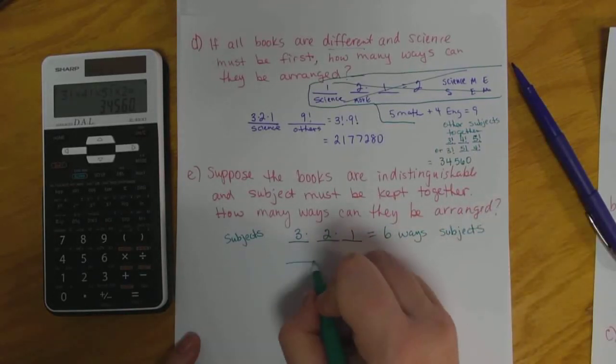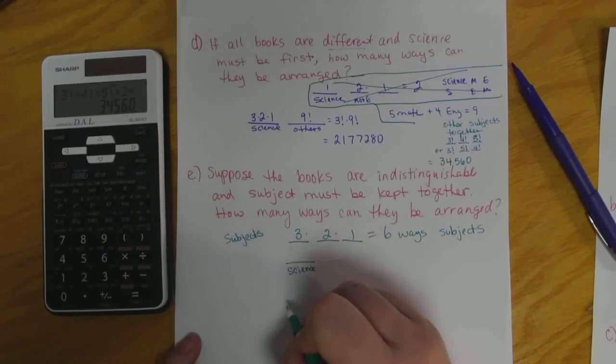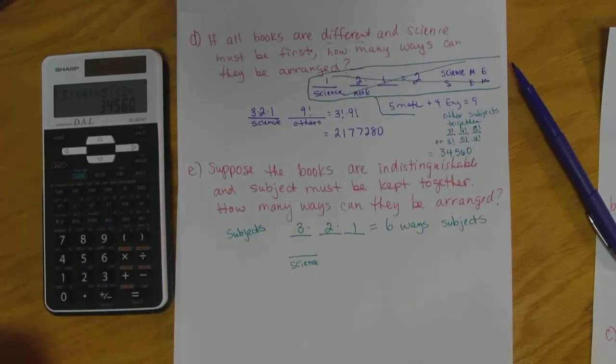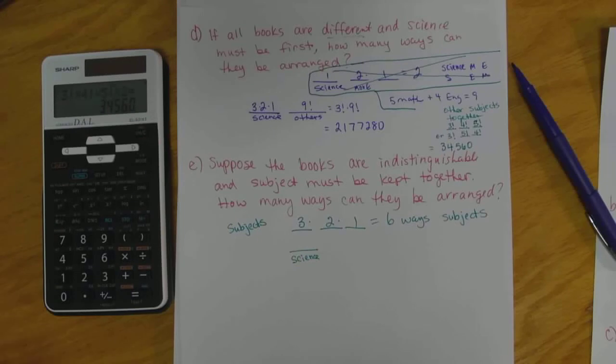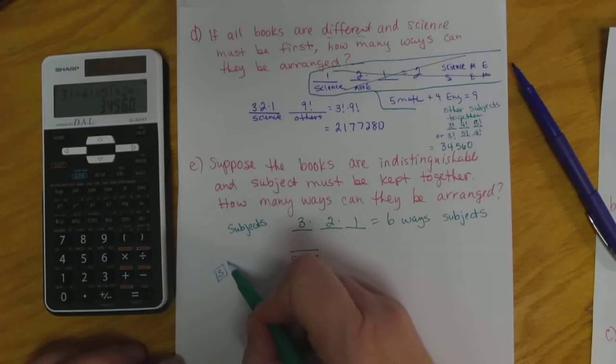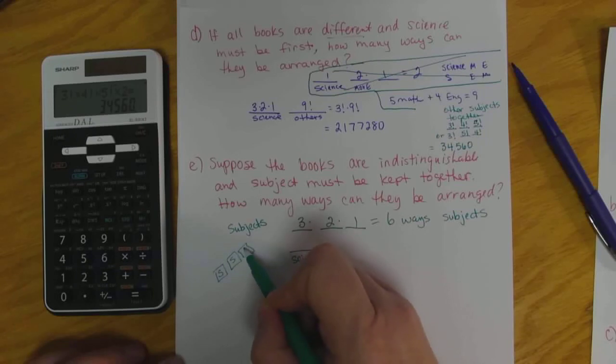Now they're indistinguishable. So if I'm putting whatever subject here, let's suppose it's science, and there are 3 science books, but you can't tell them apart. How many choices are there? If you know the science books are going on that spot, so you have the science books over here, here they are, book 1, book 2, book 3, they're identical.